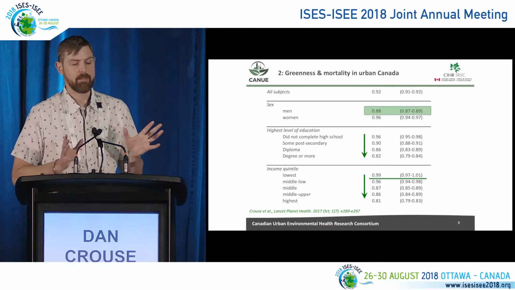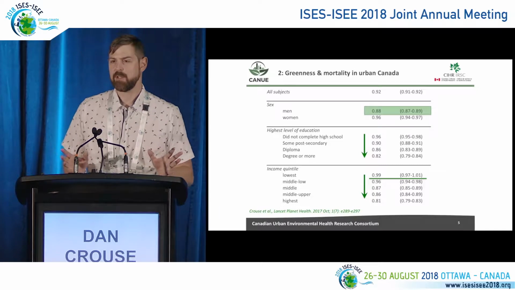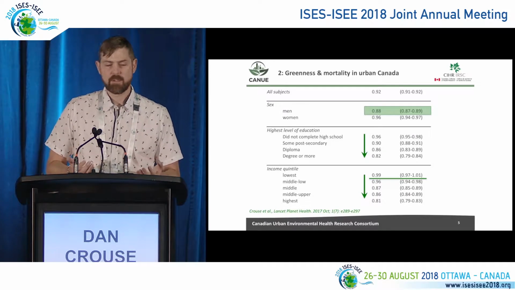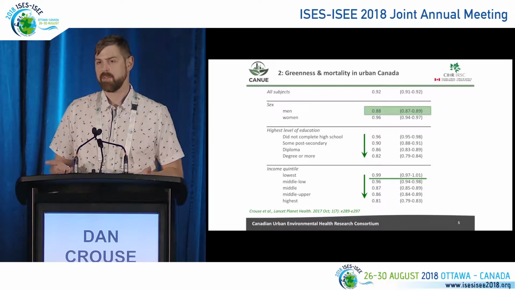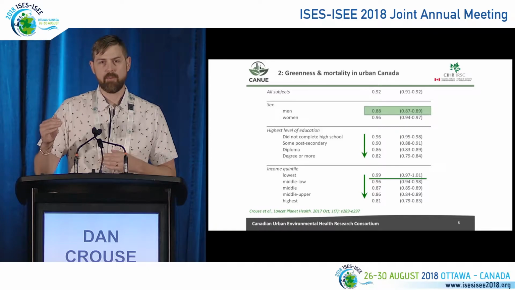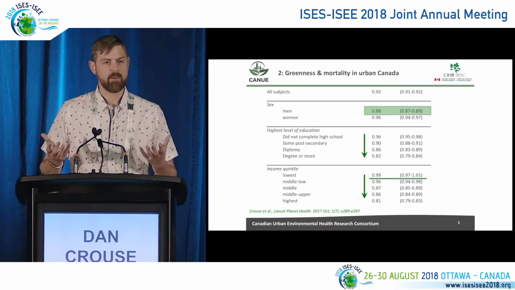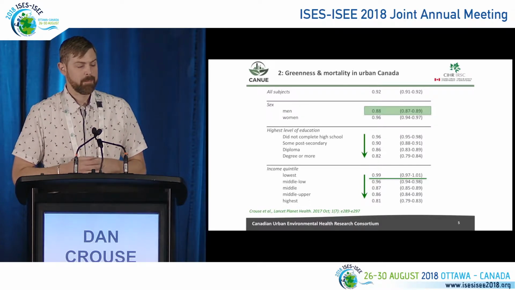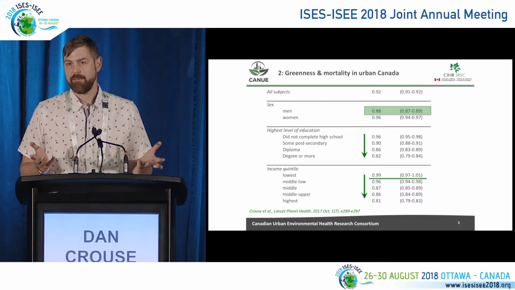At the top, among all subjects, this is the hazard ratio in our fully adjusted model for non-accidental mortality. You can see we found very strong protective effects, a reduced risk of mortality of about 8% with each interquartile increase in the amount of greenness around where these people were living, in a really well adjusted model. And then we found some really interesting effect modifications.